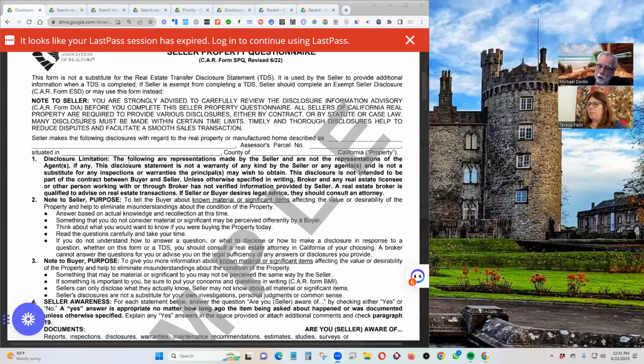And in this court case, somebody had bought a lot with the idea that they were going to subdivide the lot. This was in San Jose. And they were told by the seller and the listing agent that it was more than an acre. Right?